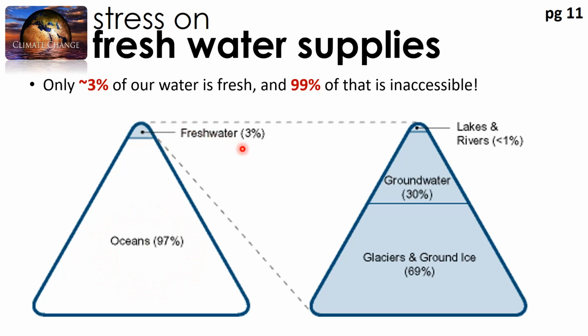And out of this 3%, 99% of it is inaccessible. 69% is locked up in glaciers and ground ice, and 30% is in the form of groundwater, which is mostly inaccessible. So that leaves us with less than 1% of water that is more easily accessed, which is in the lakes and the rivers.